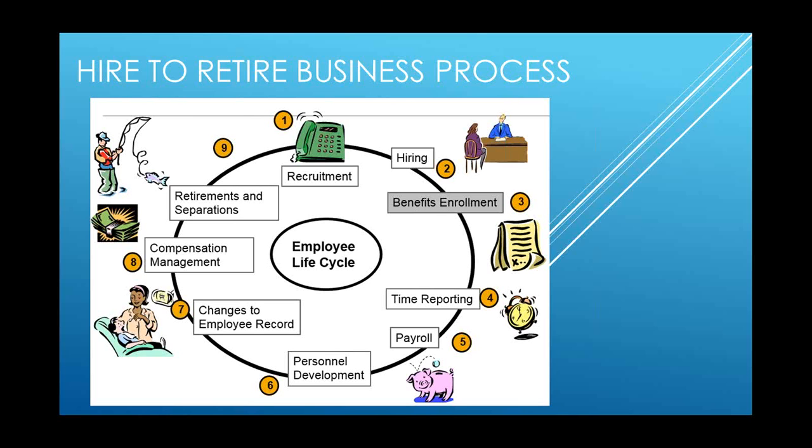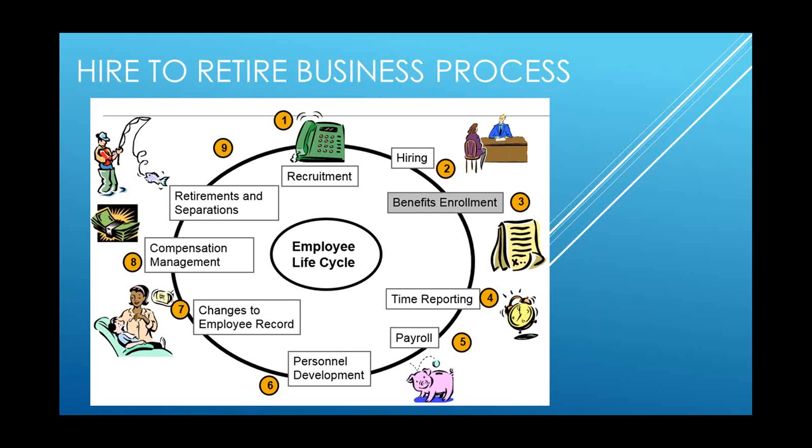Then starts the SAP process of person administration, wherein we hire the person into the company, and then enable them to enroll for benefits, and then to track their time, where they're working, what they're doing.